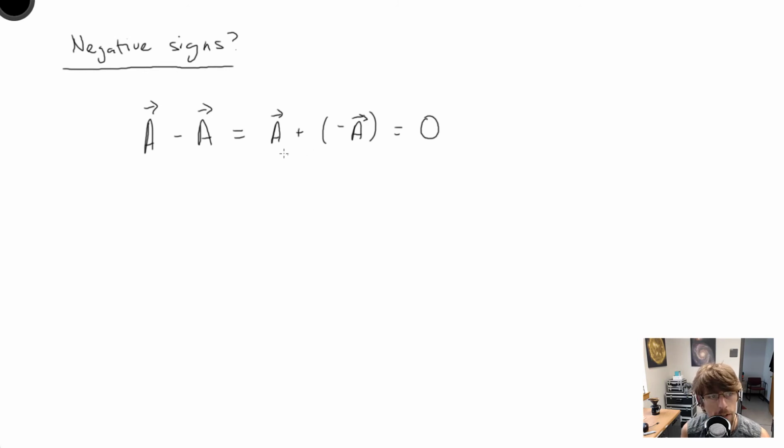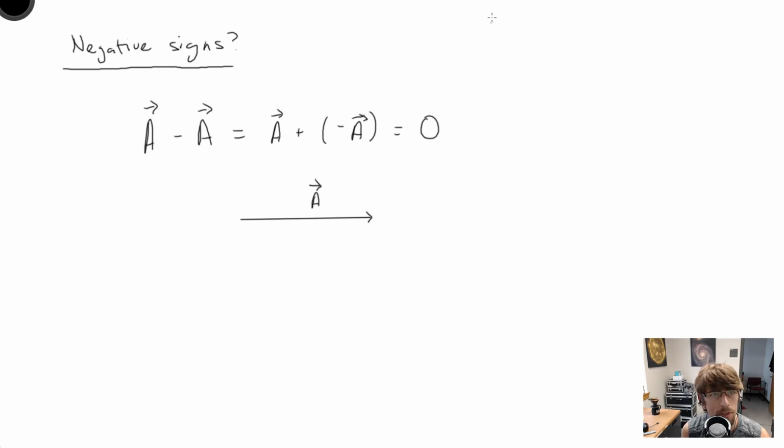If we have a vector A and I put a negative sign in front of it, well, let's see here. Vector A would be pointing this way, for example, just some generic run-of-the-mill vector. If I add a negative A, I have to end up at the exact same spot that I started with.